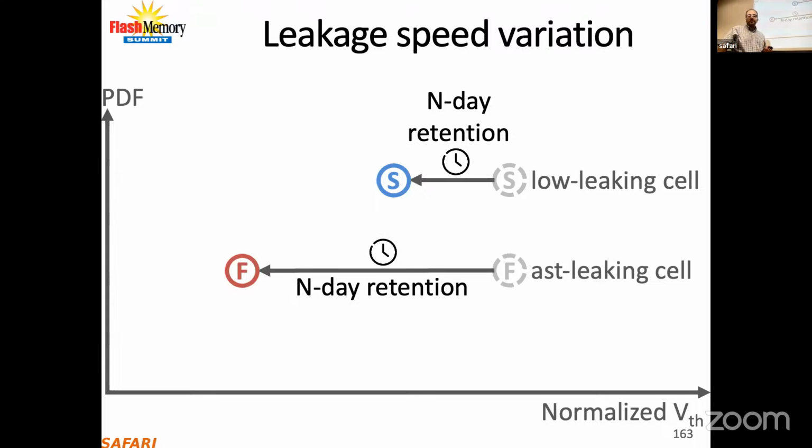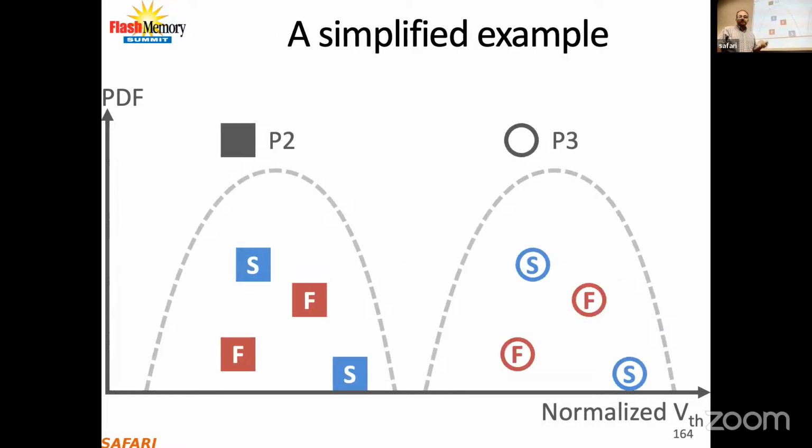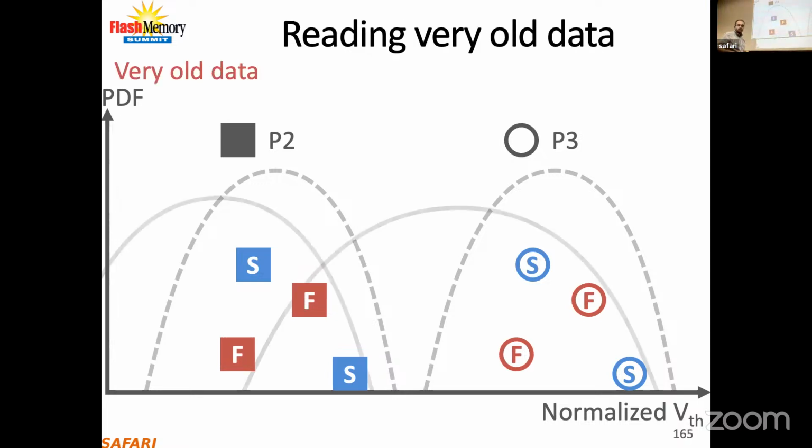And there are fast leaking cells, whose threshold voltage, after a day of retention, is quite low. It decreases a lot. So again, a similar idea: you have slow retention and fast retention in different situations.